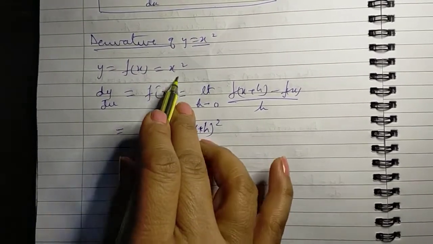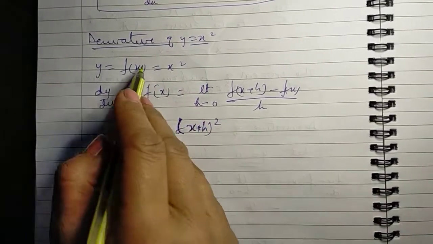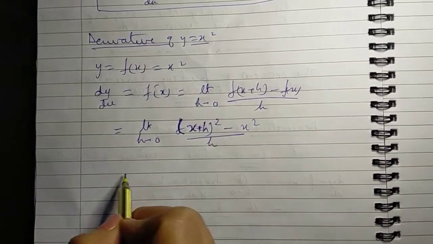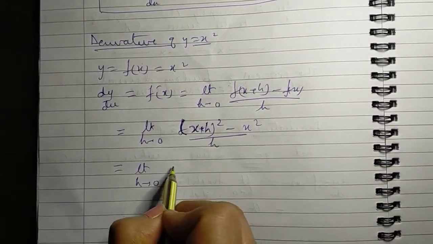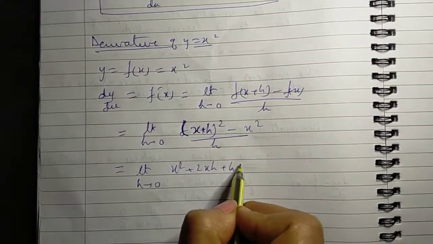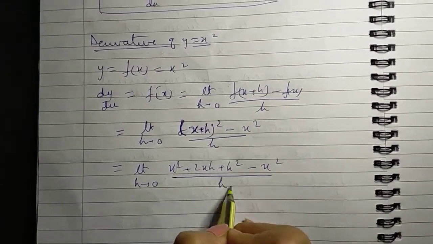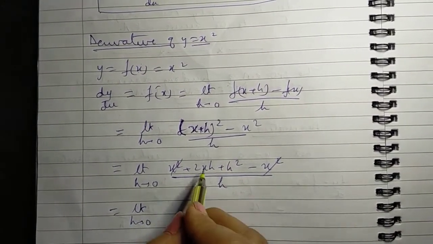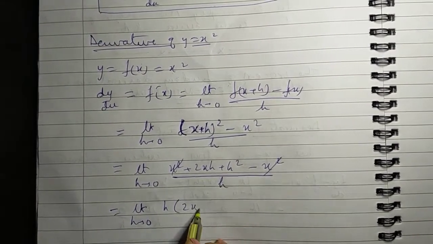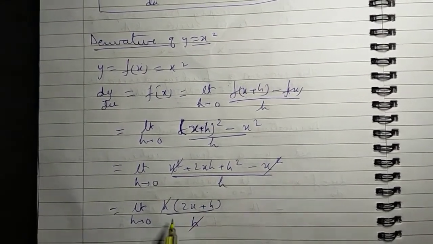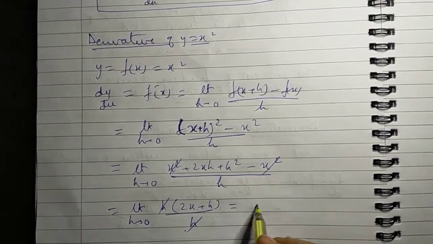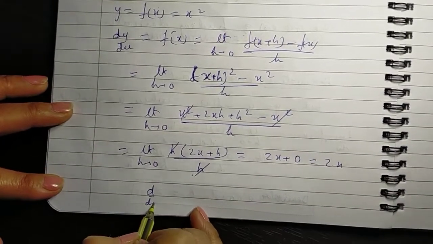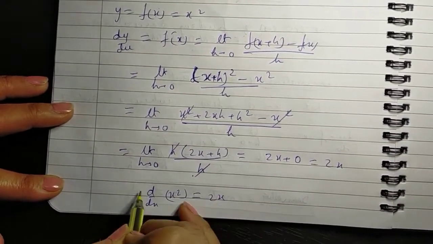In the value of the function, wherever x appears, you replace it with whatever is in the bracket, minus x square over h. It comes out to be limit h tending to 0 of x squared plus 2xh plus h square minus x square over h. This gets cancelled. Whatever is left has at least one h which can be taken common, and in the limiting case it gets cancelled, and applying the limit you get 2x plus 0 which is 2x, and so we get the derivative of x square equal to 2x.